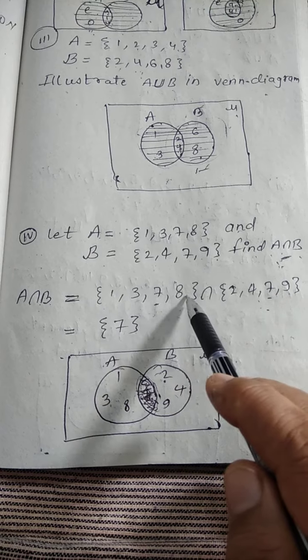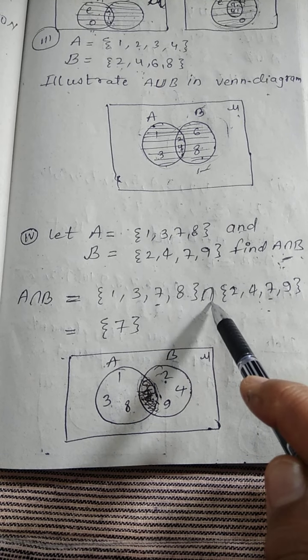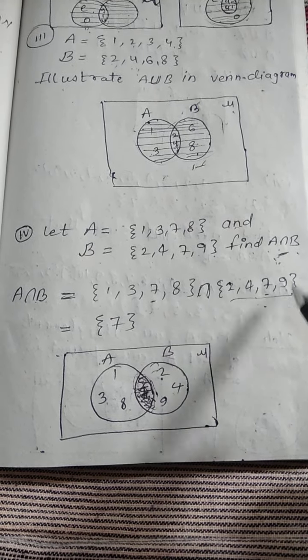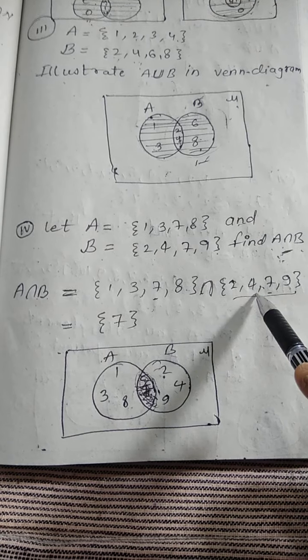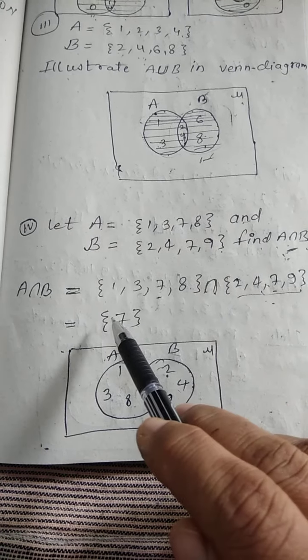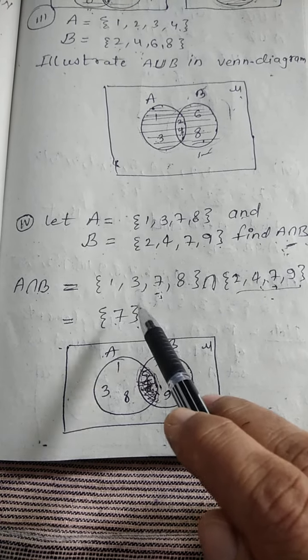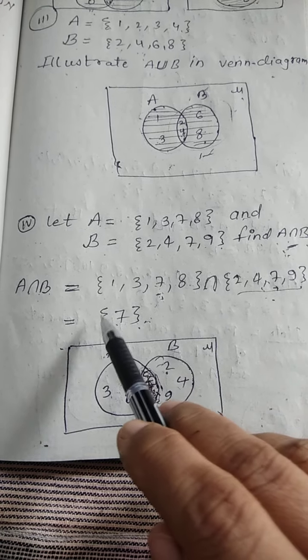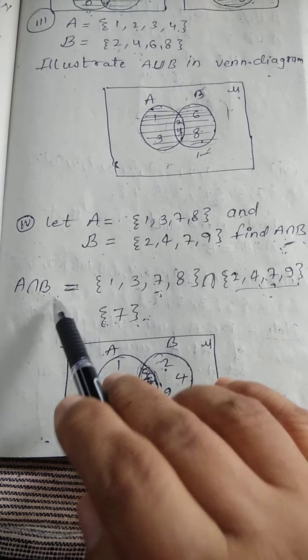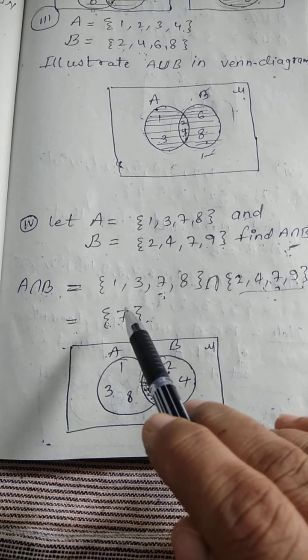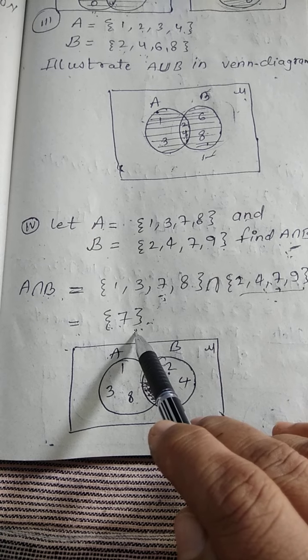First note down A, then put the intersection sign, then note down set B, then check out which one is common in that. So the element 7 is common in both the sets. So common elements you have to write in a set. That is A intersection B. There is only one element common.